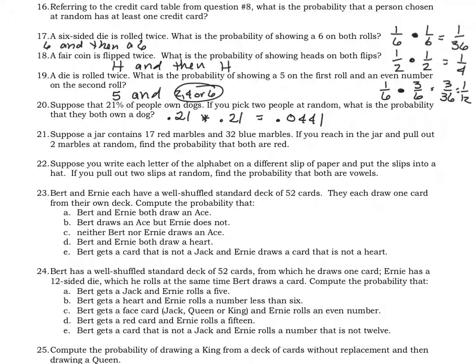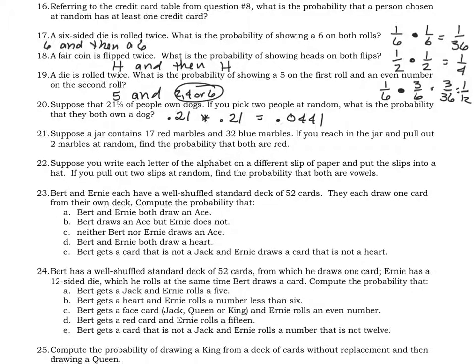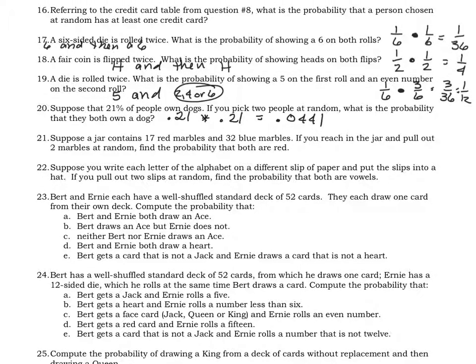21: suppose a jar contains 17 red marbles and 32 blue marbles, so of course we're looking at a total of 49. If you reach into the jar and pull out 2 marbles at random, find the probability that both are red. We're looking for 17 red marbles out of the total, and then you're picking another red marble, so red and then red.